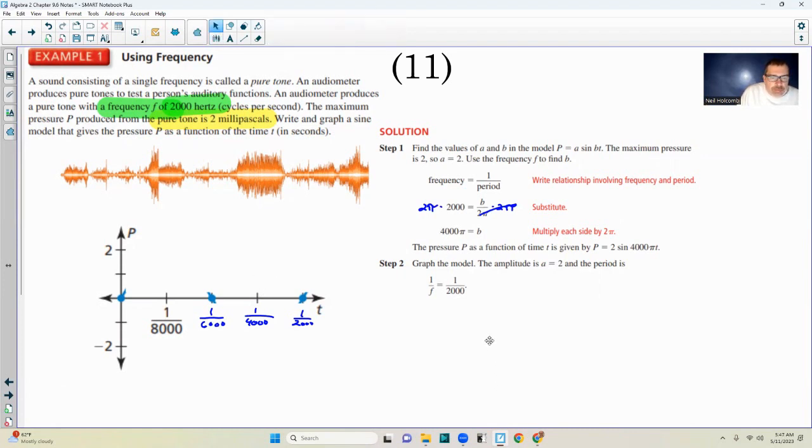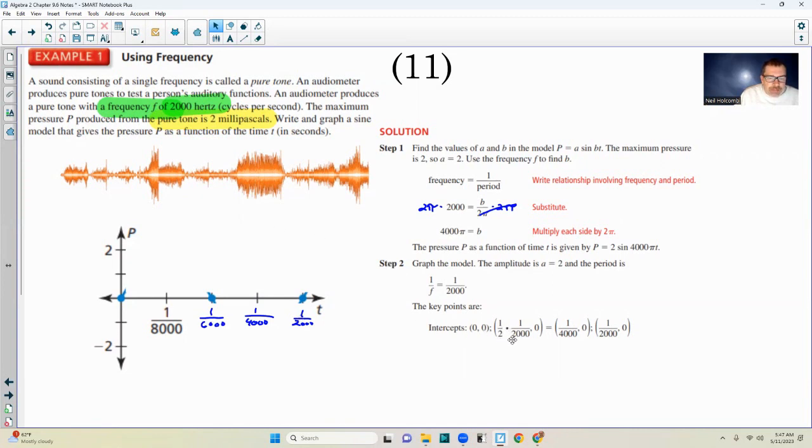So now the intercepts are going to be 1/2 times 1/2000, comma 0. Okay, and that's coming from chapter 9.4 or 9.5, where they gave those graphs.